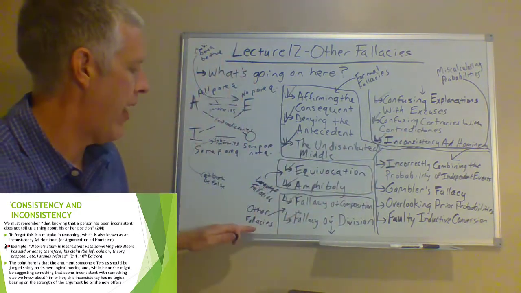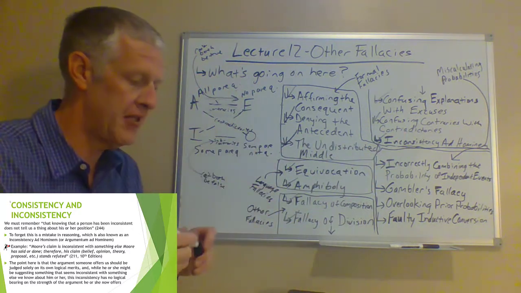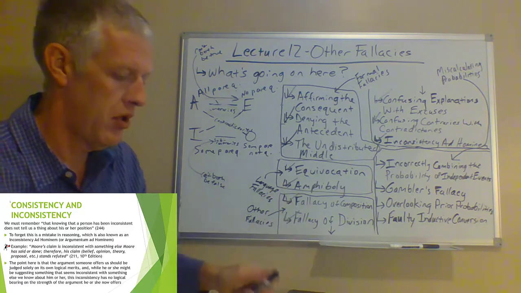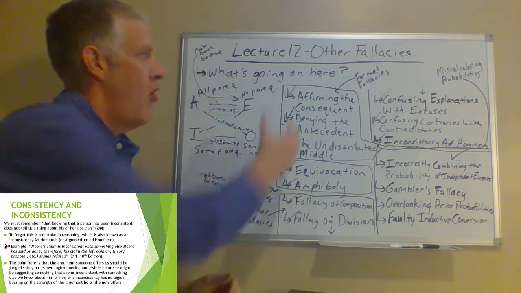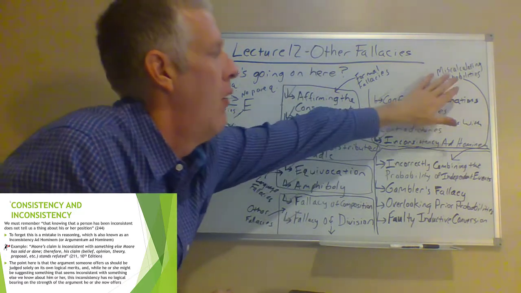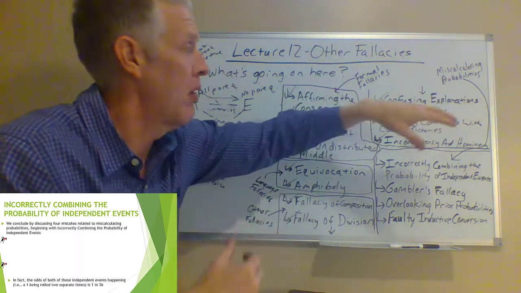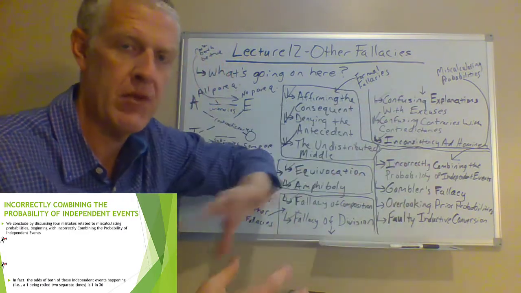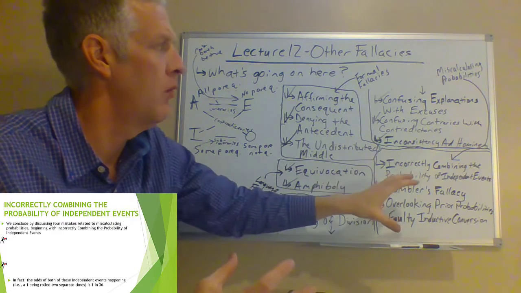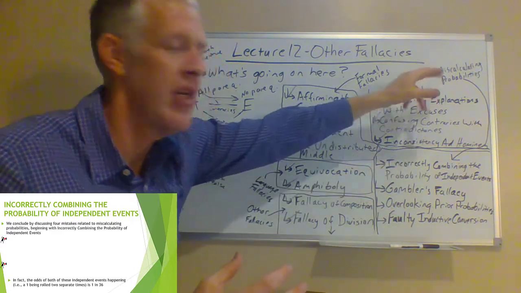And that will wrap up our discussion of what I've labeled other fallacies. So now we'll turn to our final subcategory of other fallacies, the subcategory being miscalculating probabilities. So all four of these final fallacies have to deal in one way or another with miscalculating probabilities.